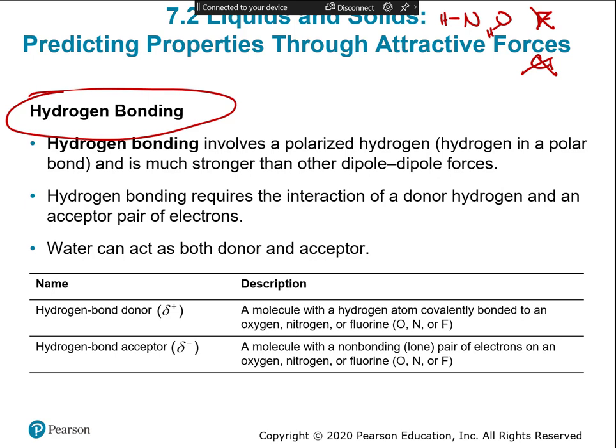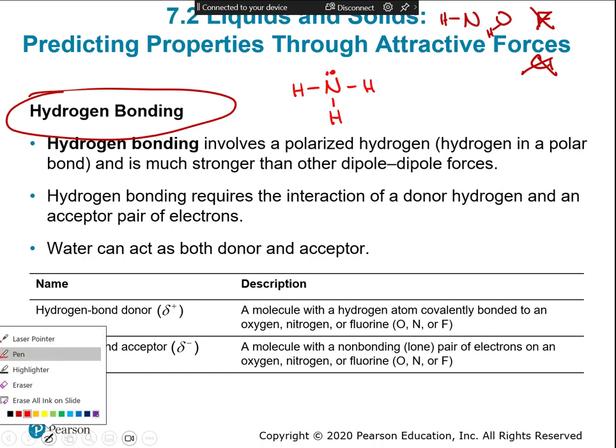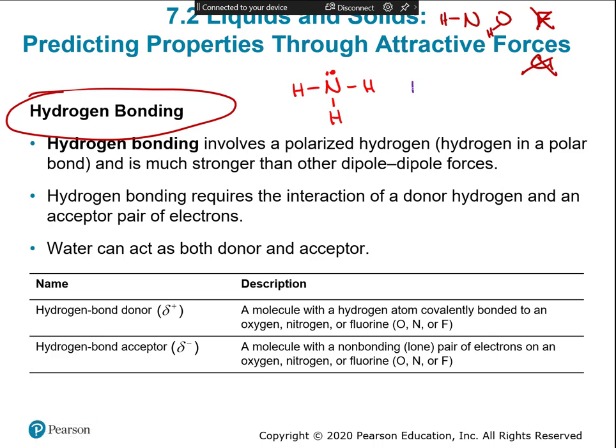So if you see something like NH3, ammonia, because that nitrogen has the hydrogen, if there's another NH3 molecule near it, that NH3 molecule will set itself up so that the nitrogen will try to get close to the hydrogens of the other NH3 molecule, and they form this attraction.